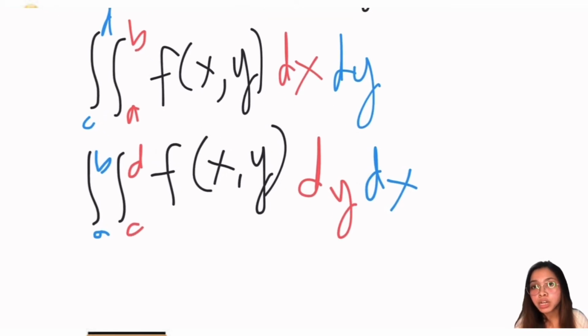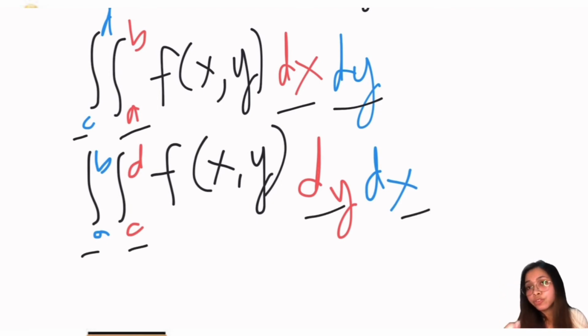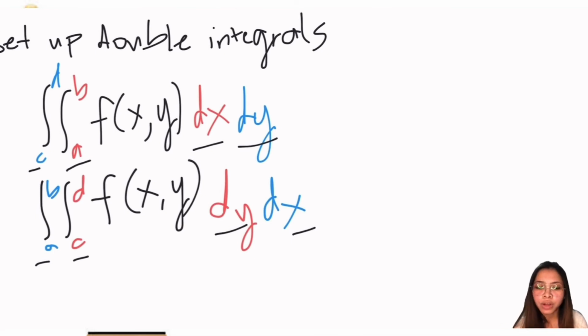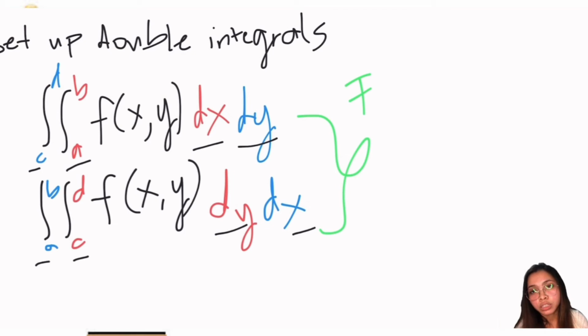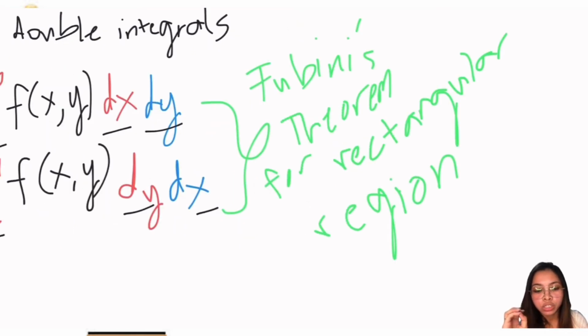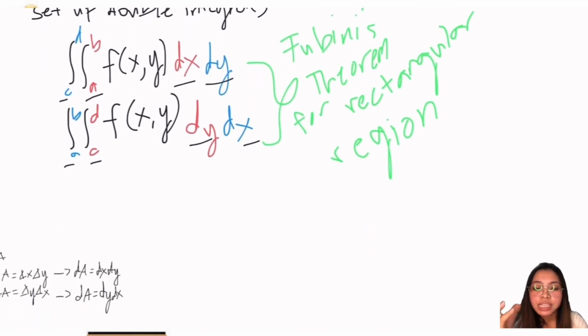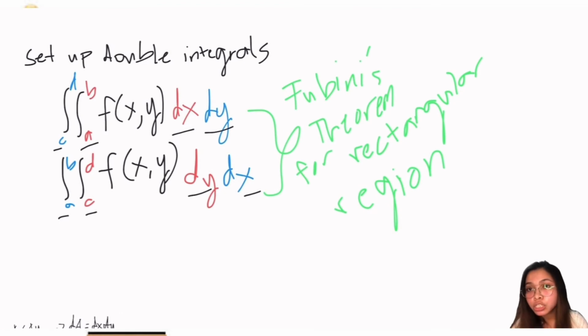We must match up the correct numbers with the correct variables. So for your information, these two equations are equal or the same. Both are right, and this is Fubini's theorem for rectangular regions. But we should choose the one that is easiest, because sometimes the way we set this up can make our problem much easier or much more complicated.